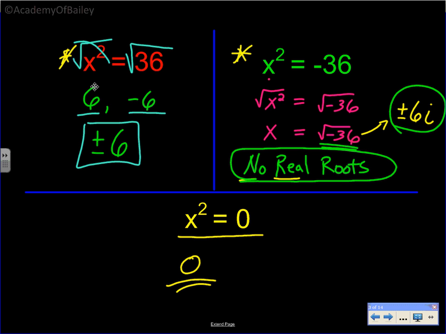But in the examples that I have here on the board, these are just math problems, and you're supposed to be coming up with all the solutions, and that would be a positive 6 and a negative 6, or you can say positive or negative 6 with the plus or minus sign.